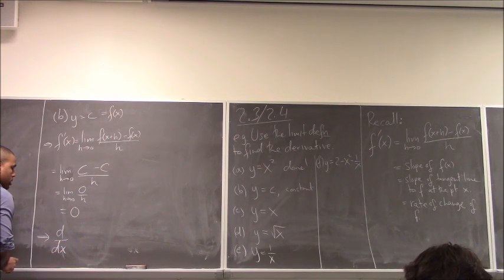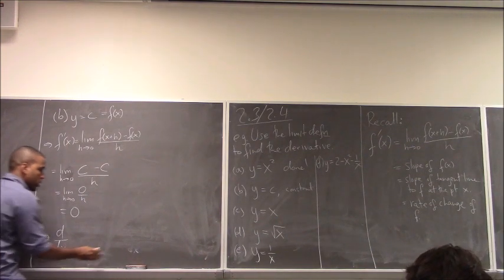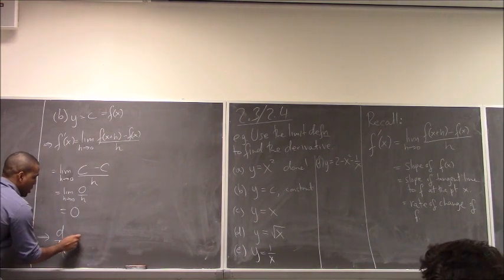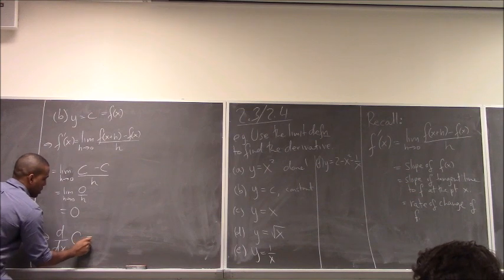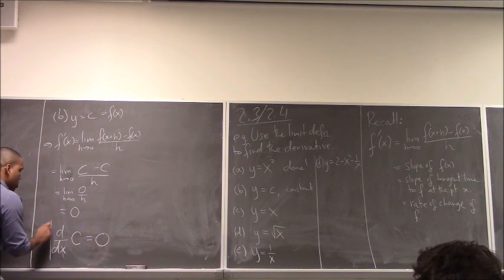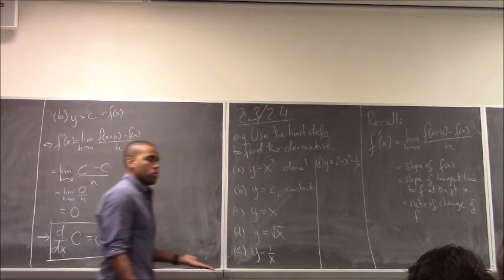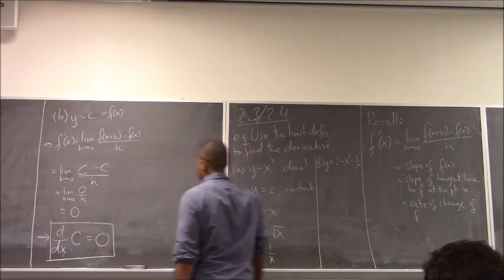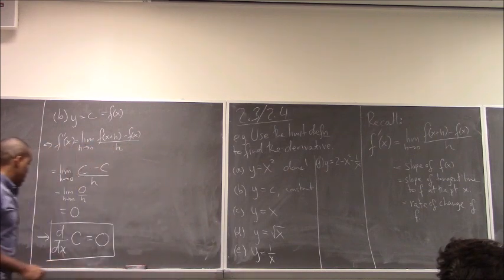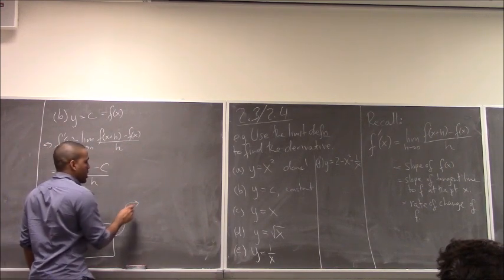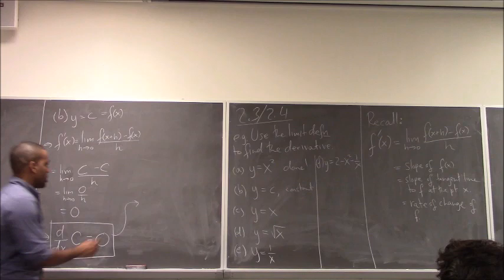In other words, this we can actually take as a general rule. I'm using Leibniz notation here to write it down because it's more concise that way. The derivative of a constant is 0. This you can now take as a general rule. It's something that you can apply without justifying it. Okay, so from now on we can actually do that. And let me just remind you of this notation here.